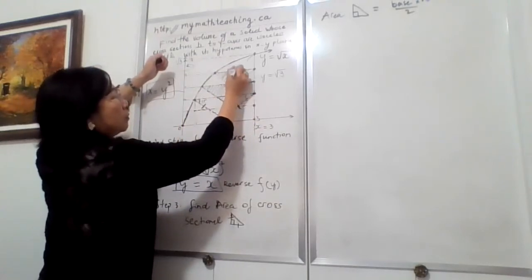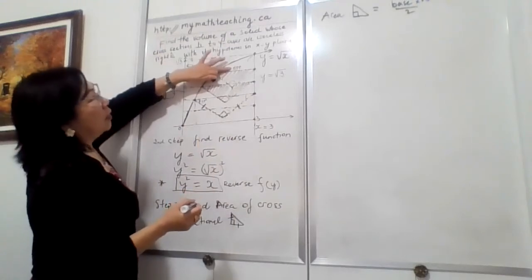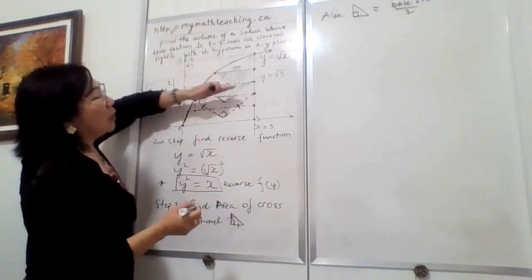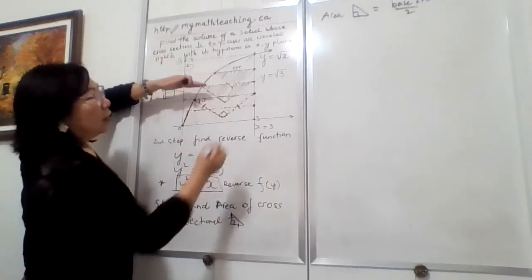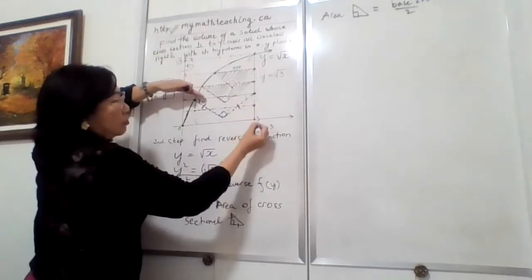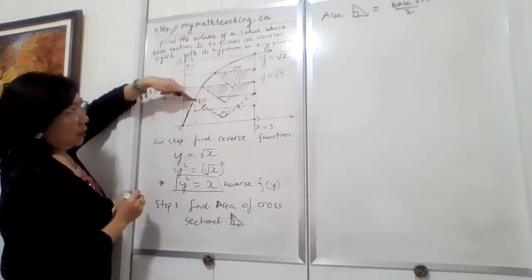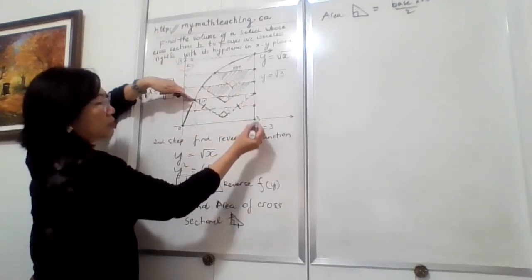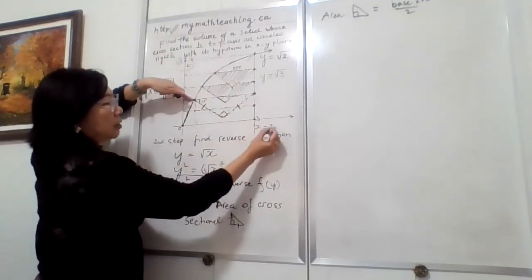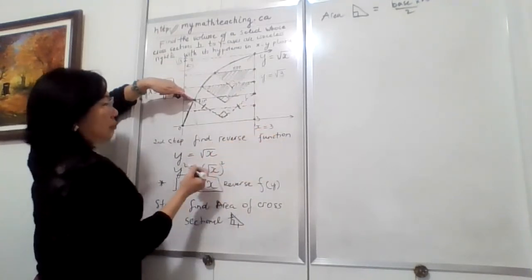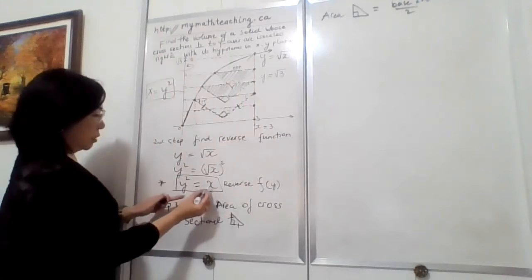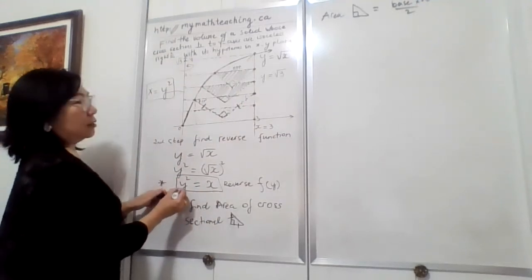I mark the H as the hypotenuse. But we have to find it in terms of the function, which is this function, subtract this function. And what is this function? This function is x equals 3, and this function is x equals y squared.